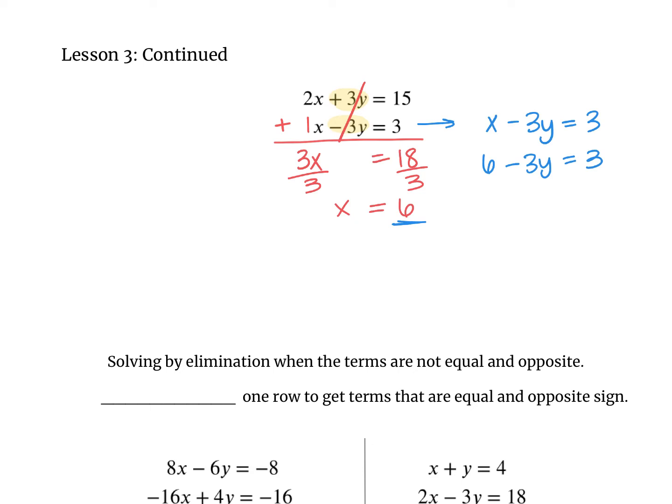Now we can solve for y. So to do that, I would subtract 6 from both sides. And those cancel out. And then we bring down negative 3y equals 3 minus 6 is negative 3.